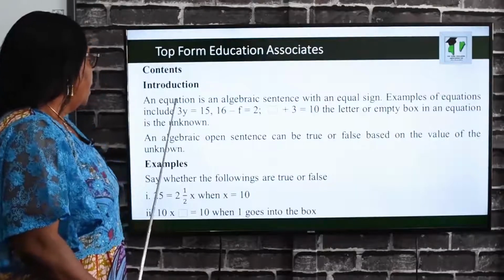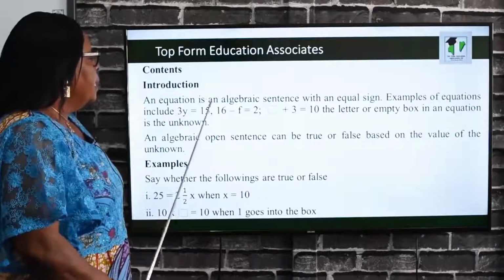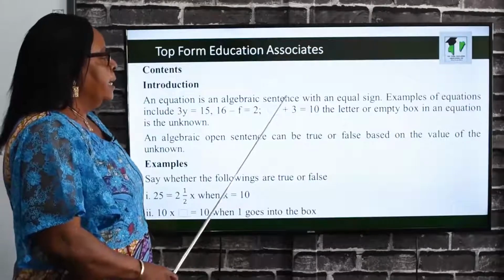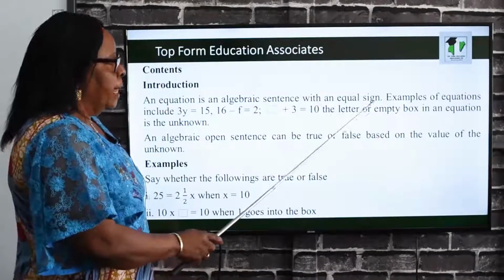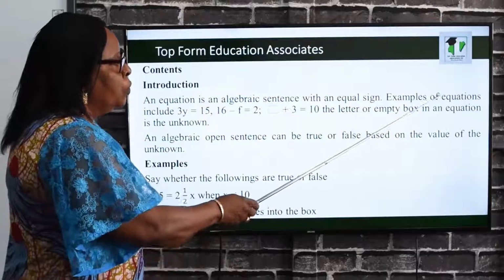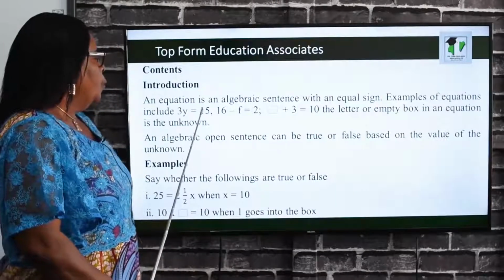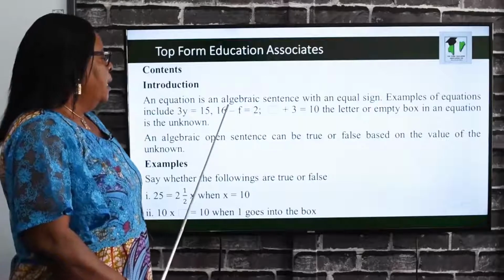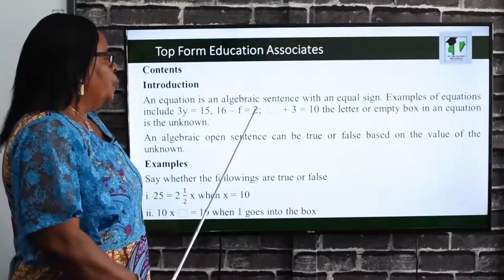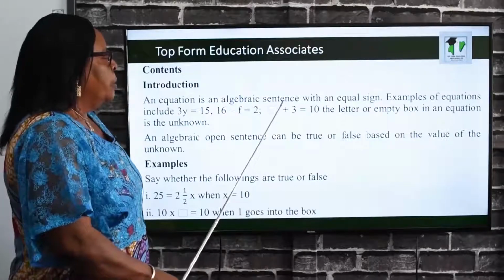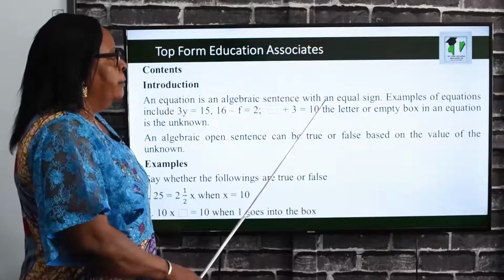Introduction. An equation is an algebraic sentence with an equal sign. Examples of equations include 3y = 15, 16 - f = 2, box + 3 = 10.